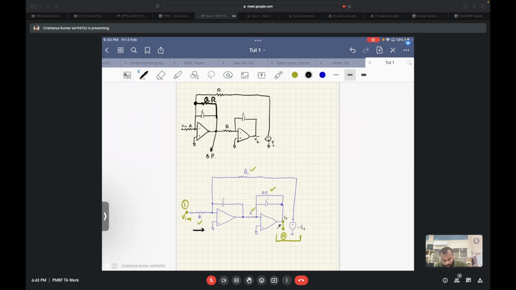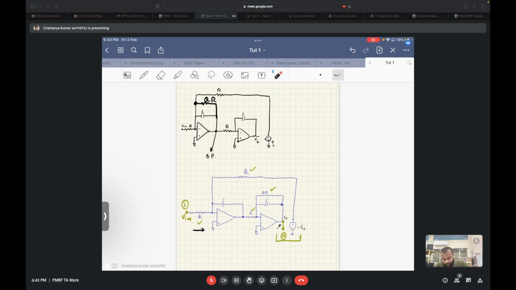So we see that the difference between these two structures is that the damping resistor is at the first integrator in one of them, and the damping resistor is moved to the second integrator in the previously discussed structure. So if we analyze the transfer function from here to this node and here to this node, we get the same transfer function.